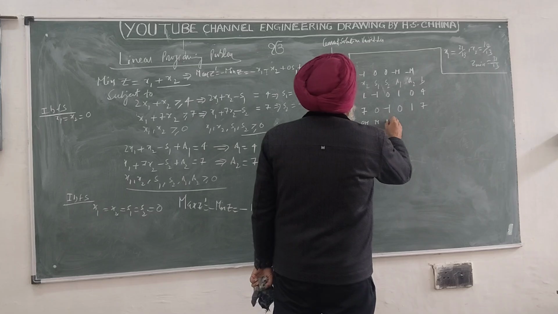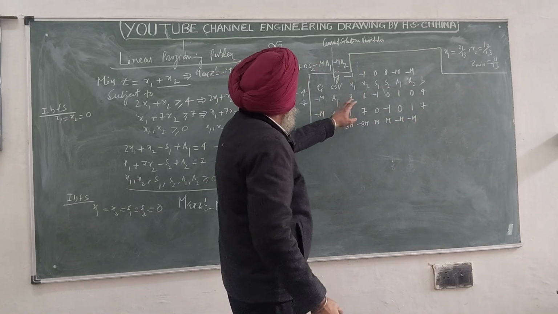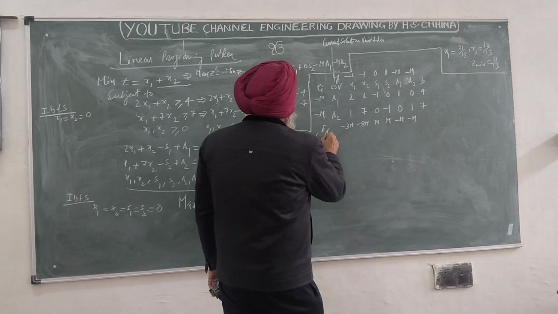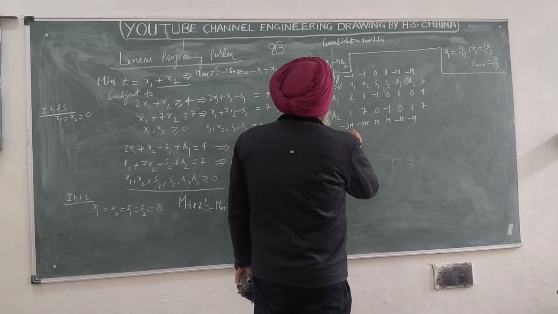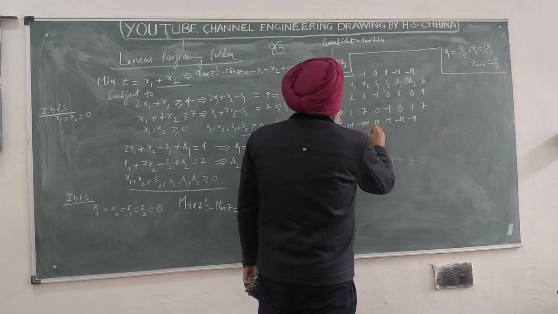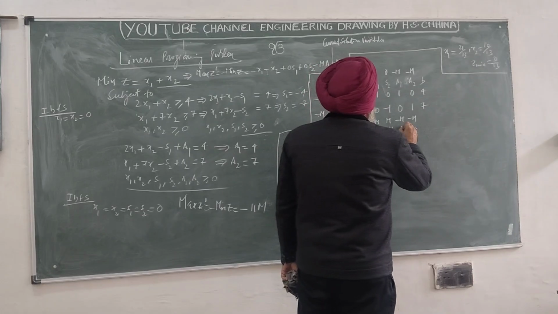This is plus M, this is plus M, this is minus M, this is minus M. This means the corresponding elements have been multiplied and added. This practice we have already done. So calculate Cj minus Zj. This becomes minus 1 plus 3M. Clear? This is minus M plus 8M. Is it okay? Minus M, this is 0, this is 0.